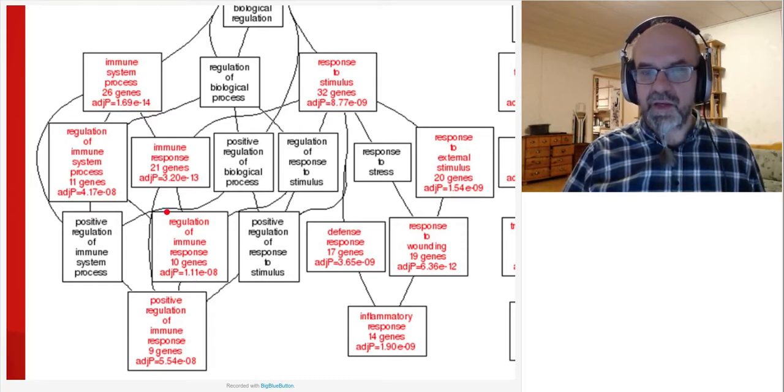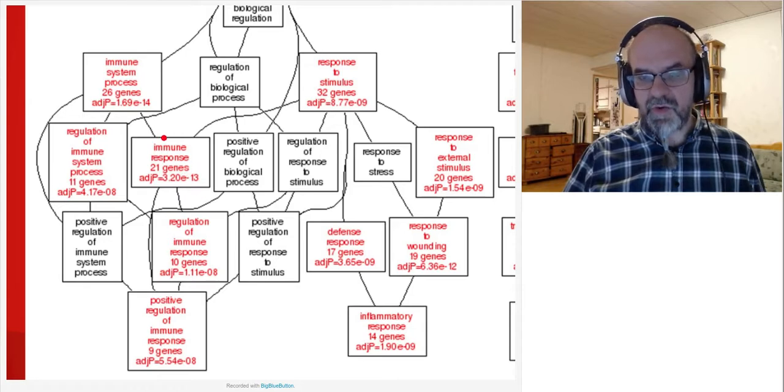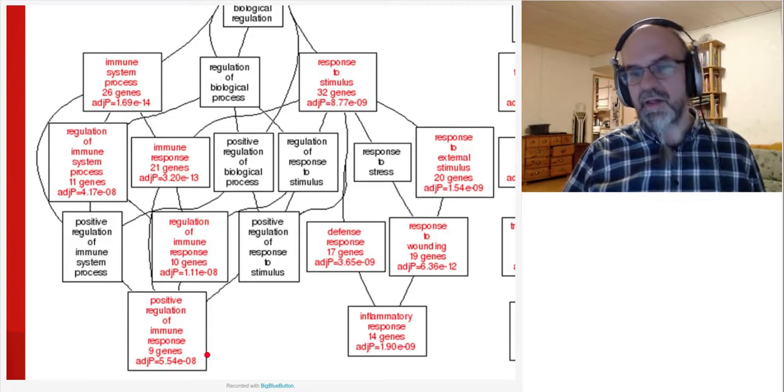But if I go down in the structure, the p-value is actually increasing. So this power number is going closer to 0. So you see that for the 9 positive regulation of immune response genes, the p-value is already at the 10 to the power of minus 8 level. So of course that is still significant.